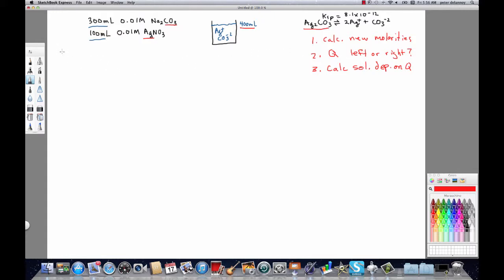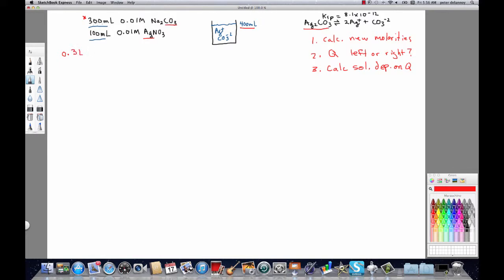To find the new molarity, we need to know how many moles of each of these two things we have, and then we're going to divide the moles by our new volume. So how do we find that? This is kind of old material: you have a volume and a molarity. To find the moles of the sodium carbonate, we convert the milliliters to liters, so it'll be 0.3 liters.